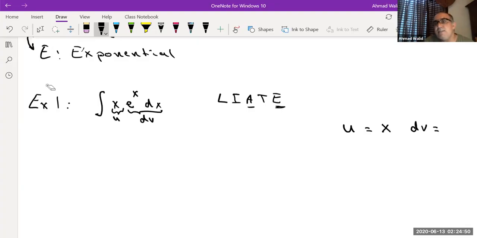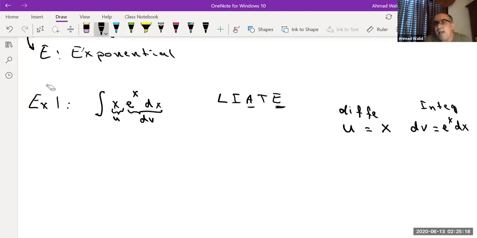It means your dV is e to the x dx. dV is the part that you do integration. U is the part that you do differentiation. For U, you do differentiation. For dV, you do integration.